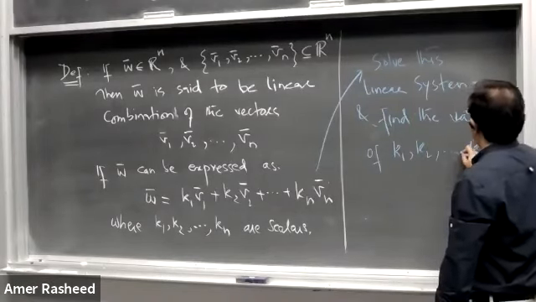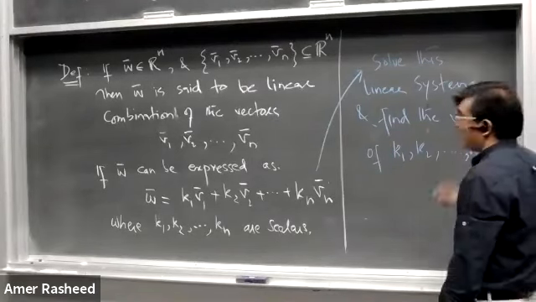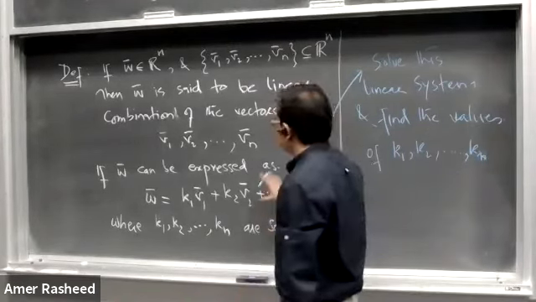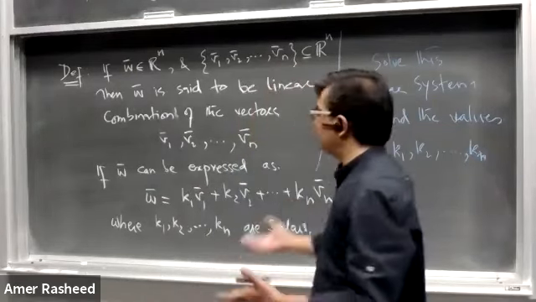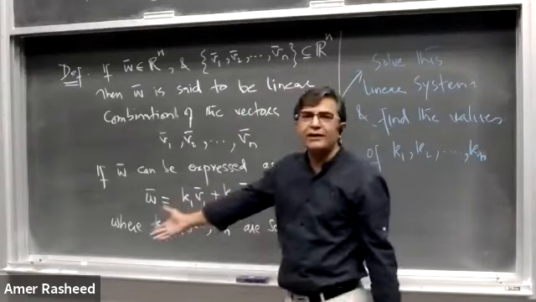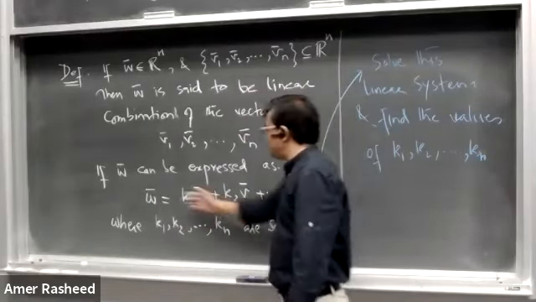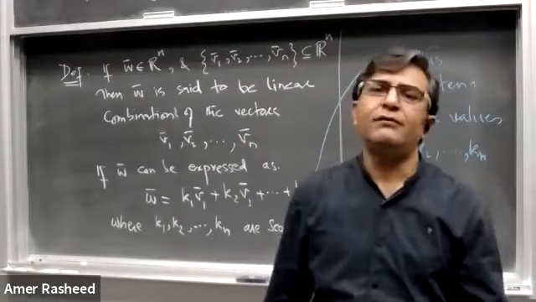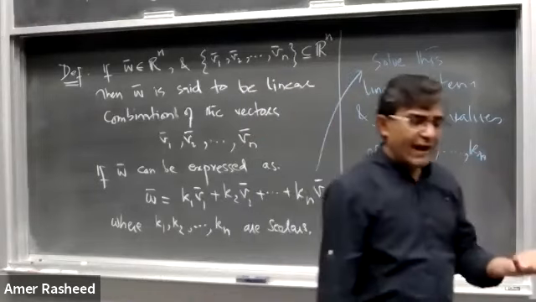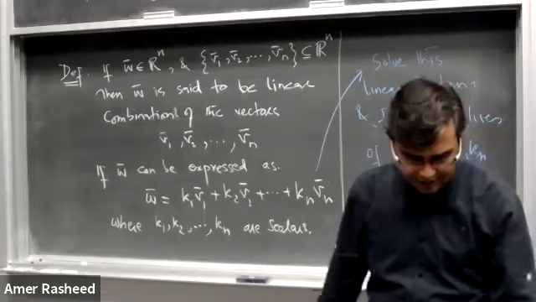If the values of k1, k2, kn exist for which this non-homogeneous linear system is true, that the left-hand side is equal to the right-hand side, or by simplifying the right-hand side, we get W again, then we say that W is a linear combination of V1, V2, so on, Vn. I hope you get it. If you have any question, you can ask me.